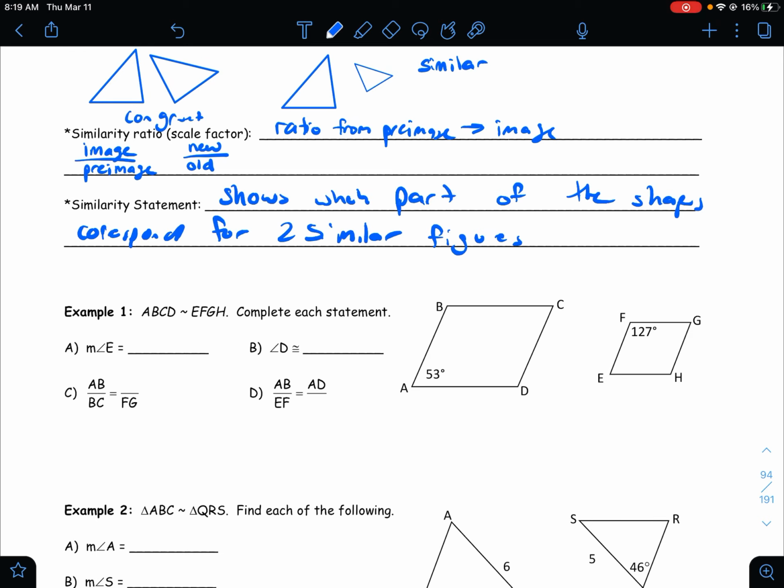When you write a similarity statement, you have to do it in the correct order.